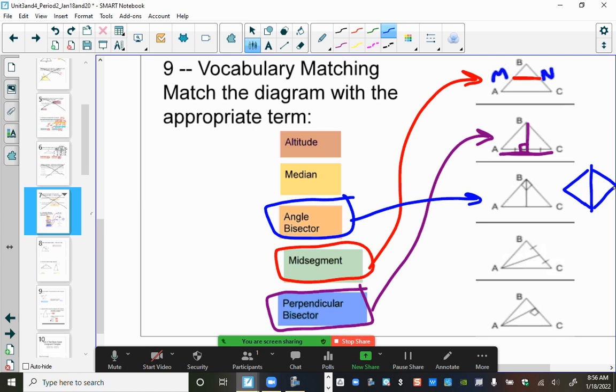That would have been more angle bisector. Whereas here, the perpendicular, that line, when it went to the opposite side, formed a right angle. That's the big difference between the two. But they both act like mirrors.